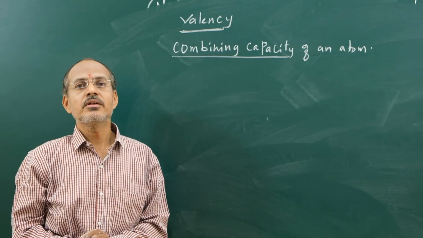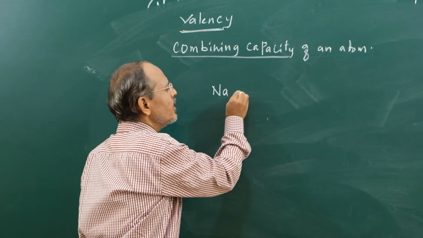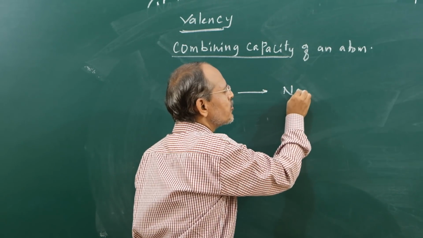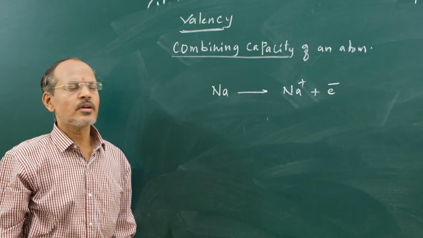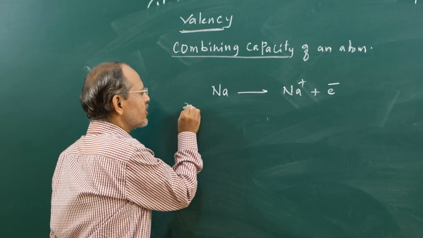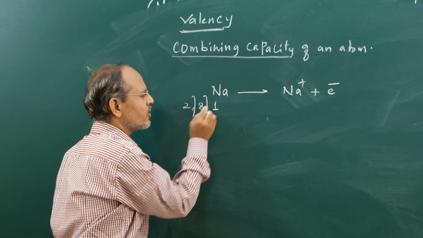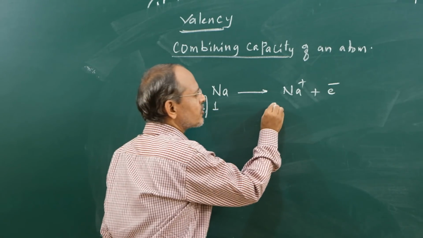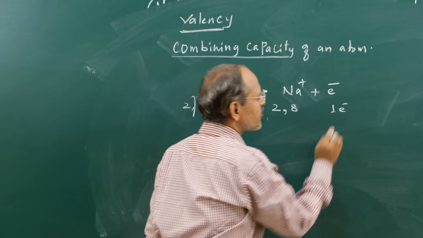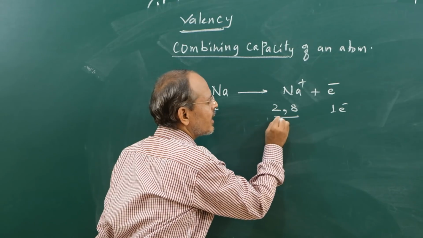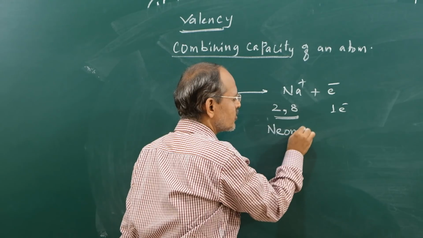Now, sodium, I'll write Na, gives rise to Na plus and an electron. Here it is 2, 8 and 1. You know this configuration already, and it becomes 2, 8. One electron is separated. Now this we call the noble gas configuration, called neon configuration.